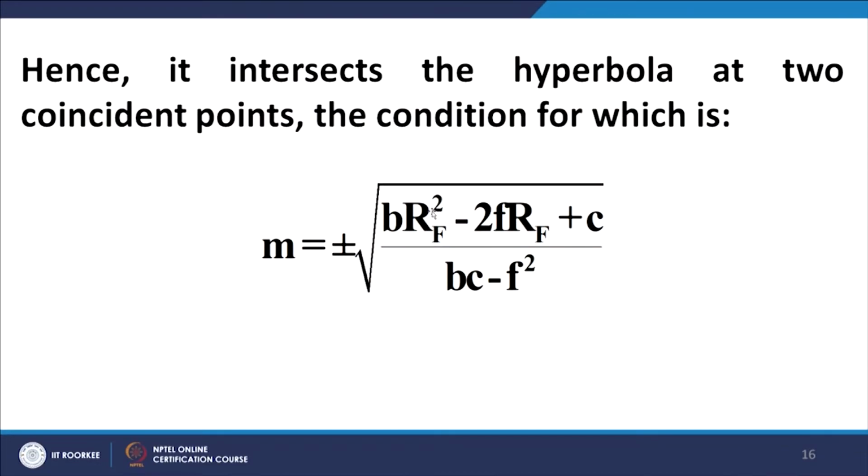And then we find the points of intersection, and then we require that the points of intersection be coincidental. In other words, the tangent is determined by determining the points of intersection and then requiring the points to be coincidental, in which case the condition comes out to be m is equal to plus minus b rf square minus 2 f rf plus c divided by bc minus f square.